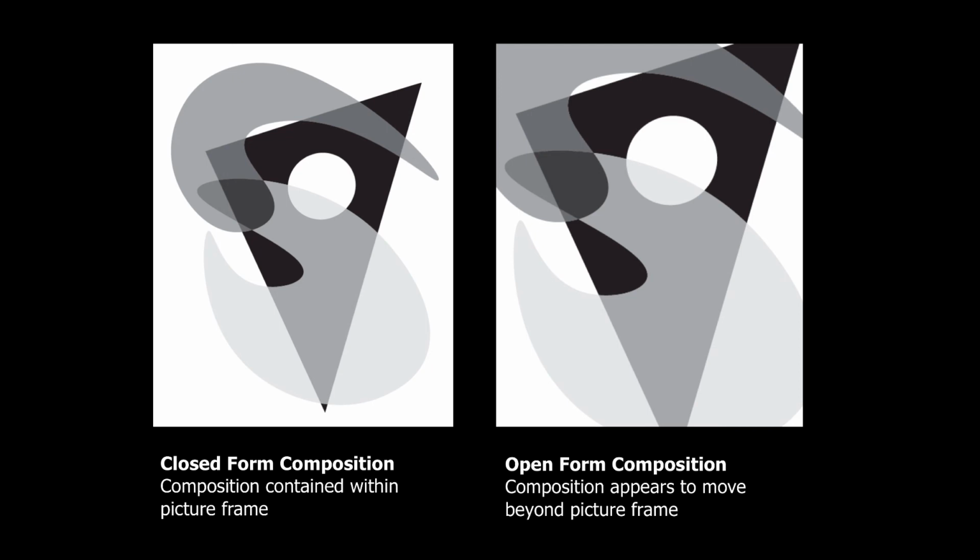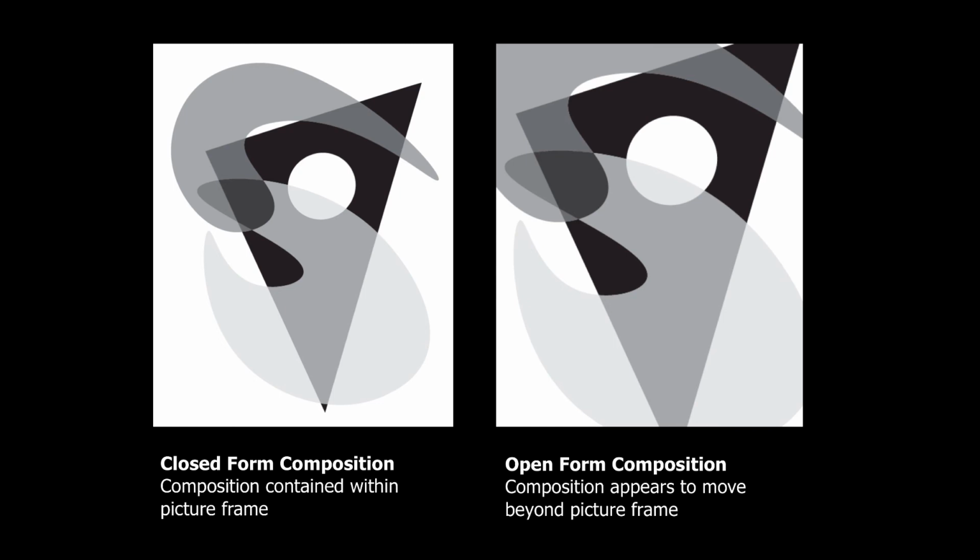Okay, so here's a little simple composition that I created out of grayscales, and it demonstrates the difference between closed form composition and open form composition. On the left, closed form composition, you can see the composition is completely surrounded by the picture frame.